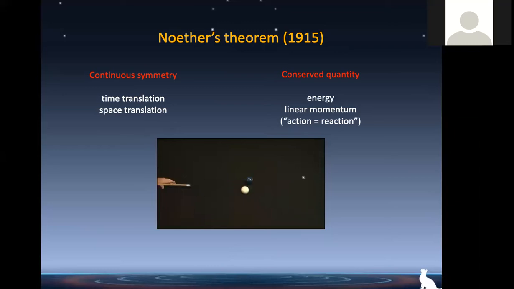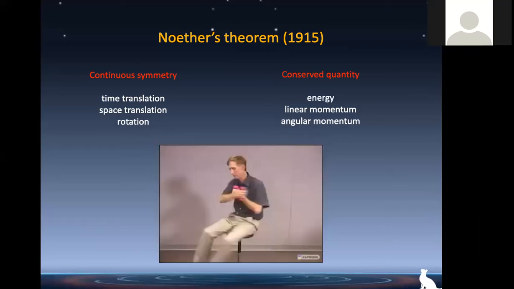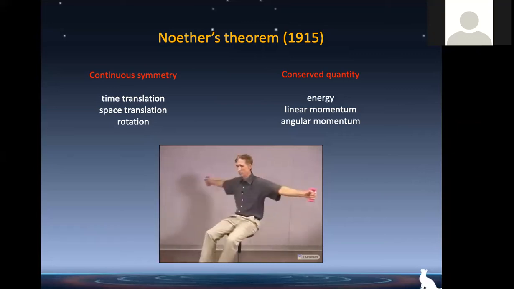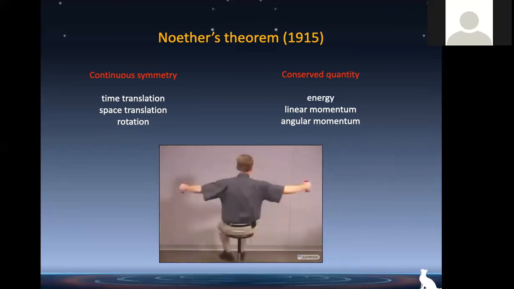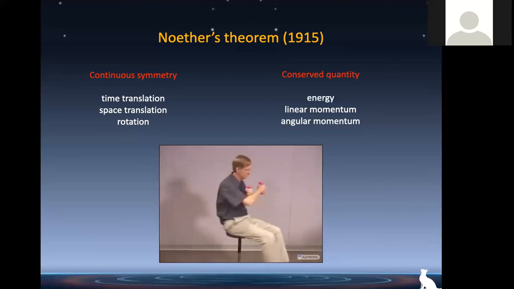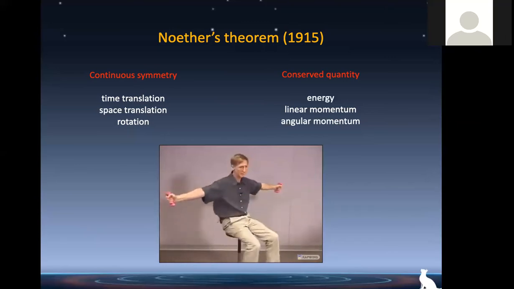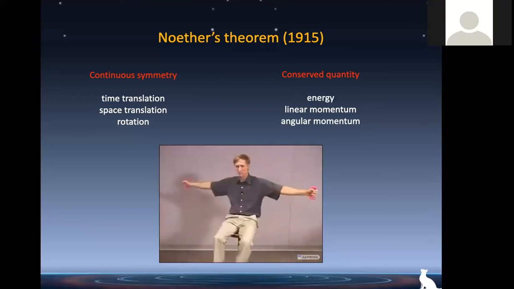There's an analog of this, not in space, but in rotations. When the system is invariant under rotations, you have a quantity, which is the angular analog of momentum, called angular momentum. This is a common example that is usually shown in high school and textbooks. This man on the revolving chair has an angular momentum that is conserved. So why is he slowing down or speeding up?